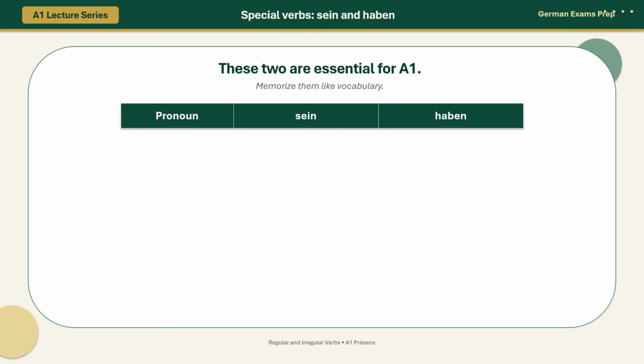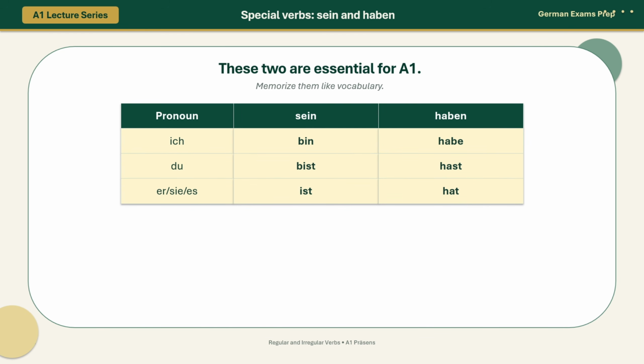Now we have two very special verbs, sein und haben. They are not regular, but they are extremely important, and you must memorize them. Ich bin, du bist, er ist. Ich habe, du hast, er, sie, es hat.